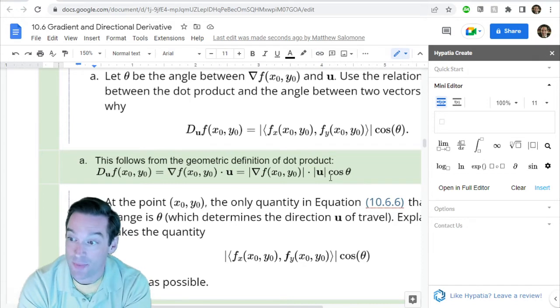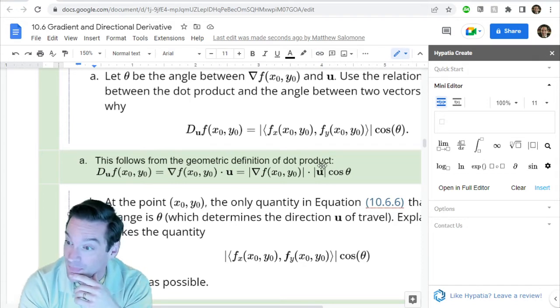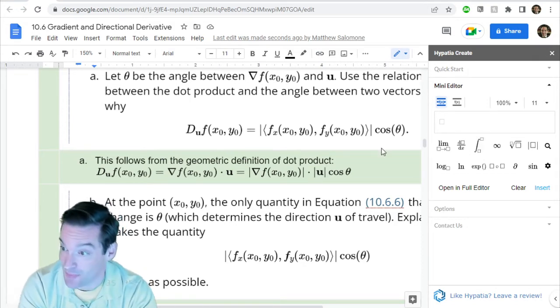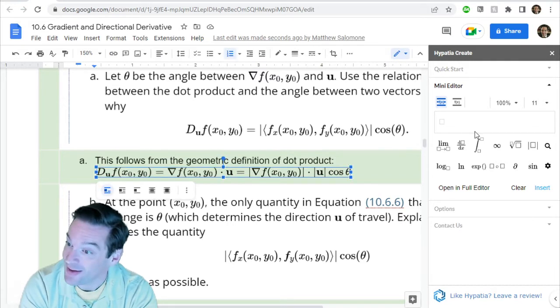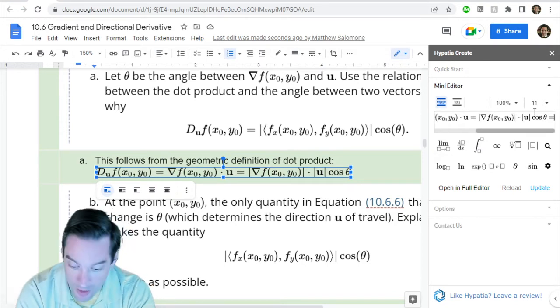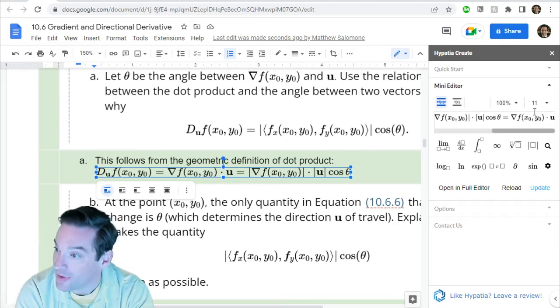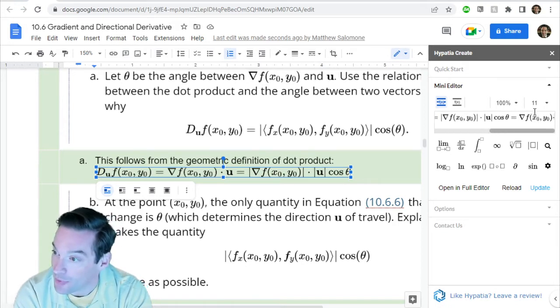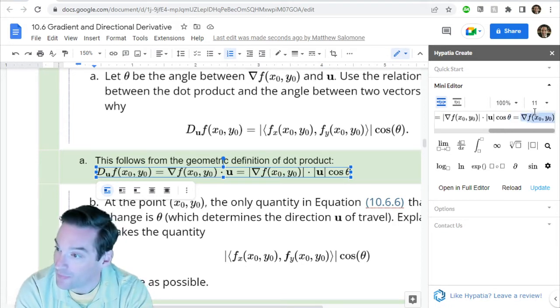And then we just have to remind ourselves that the magnitude of a unit vector, by definition, is just equal to 1. And because the magnitude of u is equal to 1, the only thing that survives is the magnitude of the gradient multiplied by the cosine of the angle that it makes with the direction that we're interested in.